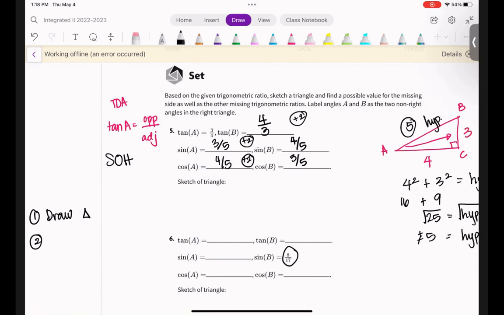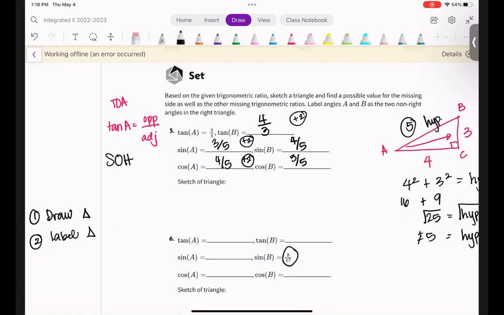After we drew the triangle, what did we do next? Yeah, we labeled the triangle. So I say, label. That means we took our 3 and our 4 and put them on the correct spot. Oh yes, we also labeled it with A, B, and C.